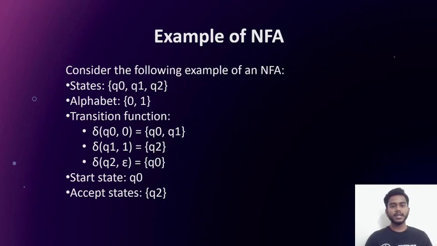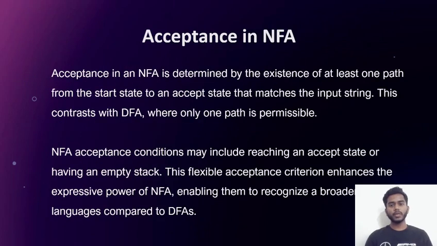The start state is represented by a single circle and the accepted states or final states are represented by a double circle.